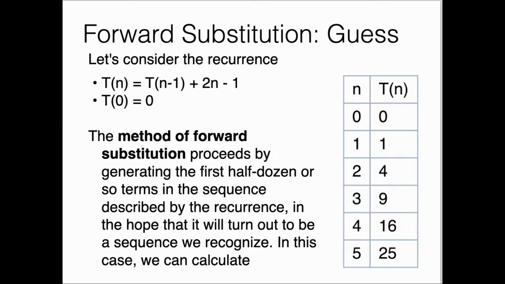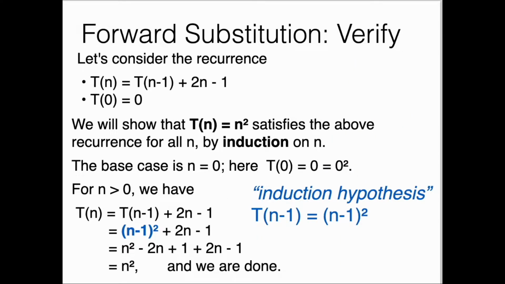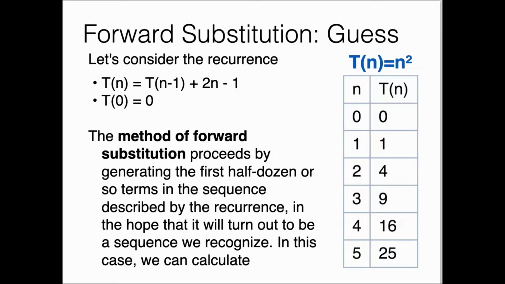Okay, so the first method that we will introduce in this lecture is called forward substitution. There are two steps for this. The first one is the guessing part, and the second one is the verifying part. For guessing, we perform some small cases starting from the base case n equal to 0, and try to define n equal to 1 using the base case, and so on.